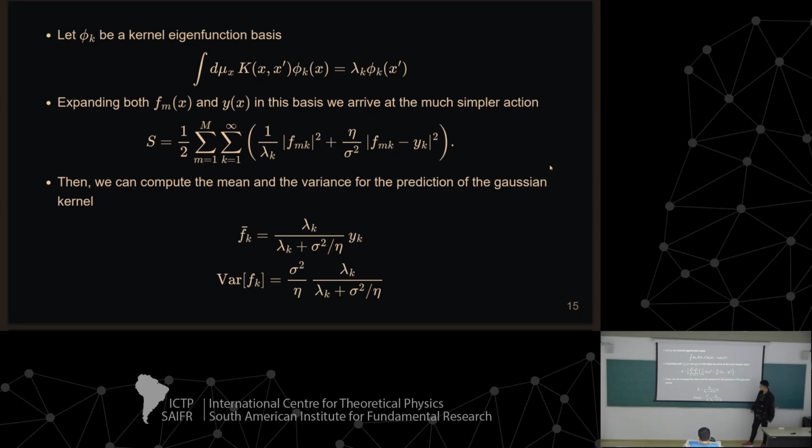So, with this action, we can compute the mean and the variance of the predictions. So, we have a term that grows with the value of this eigenvalue of each mode, but there is also a noise term, and the noise term is expressed by how many data you have.